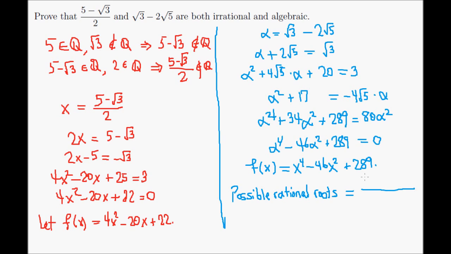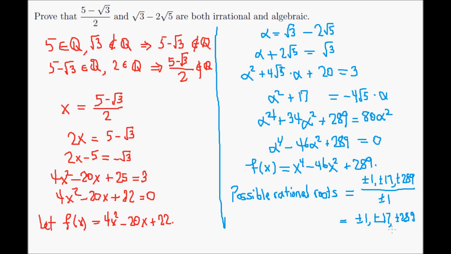In our case, there are only three possibilities: plus or minus 1, plus or minus 17, and plus or minus 289, divided by plus or minus 1. So there are 6 possible rational roots: plus or minus 1, plus or minus 17, and plus or minus 289.